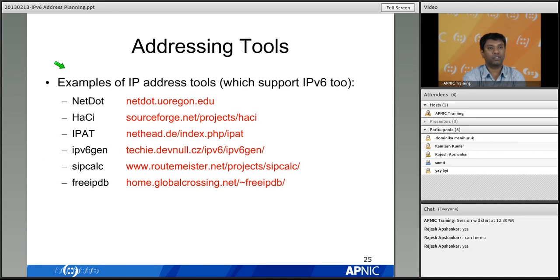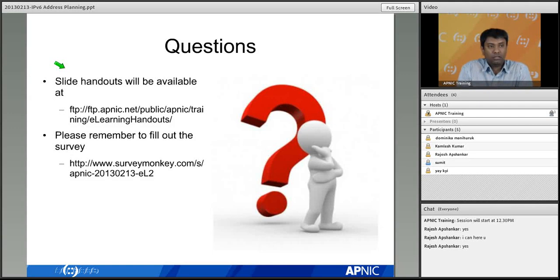Then the address management software will trigger all the configuration changes that you need to do from the change management system. That will push all that information to the routers, and your DNS can also be updated with the customer addresses. So address management software is very useful, and we have outlined a few options for you. Just have a look at which one best suits your requirement, and all the software that we listed here support IPv6.